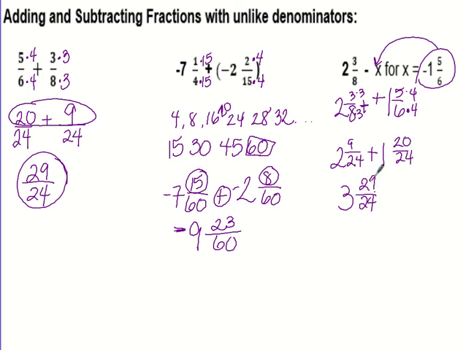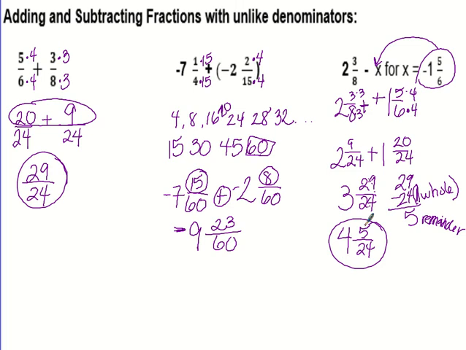So since 29 is more than 24, we have to get rid of 24 of these. So 29 minus 24 is 5. So that's my remainder. Right? So then this is 1 whole. Oops, look at this, 1 whole. So we put that into here, we get 4 and 5 24ths. That's our final answer.